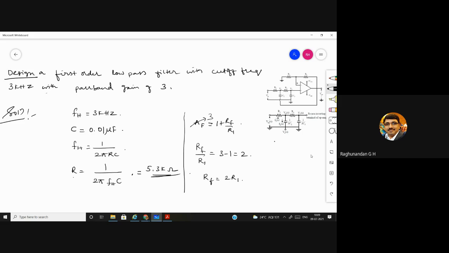Okay. Can you tell me, is this a unity gain or amplifying type of op-amp? Unity gain op-amp, or it is going to add some gain? By just seeing this you can tell.